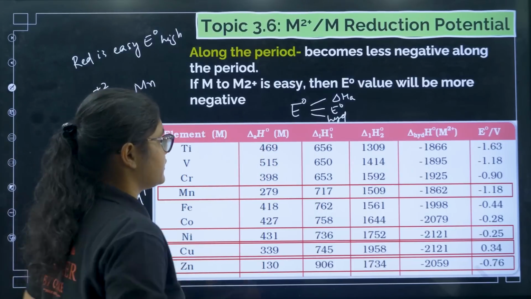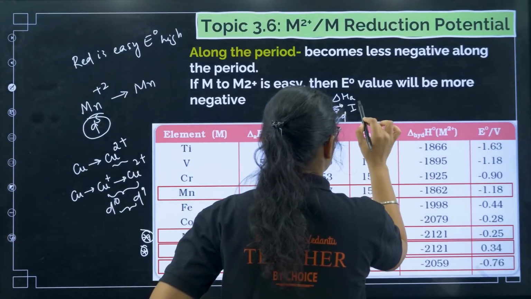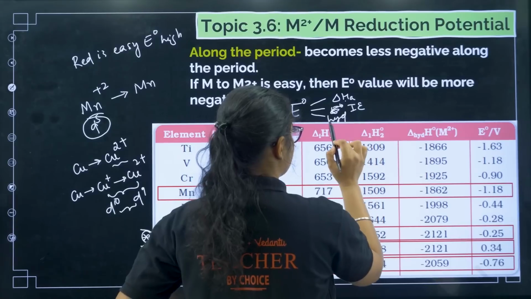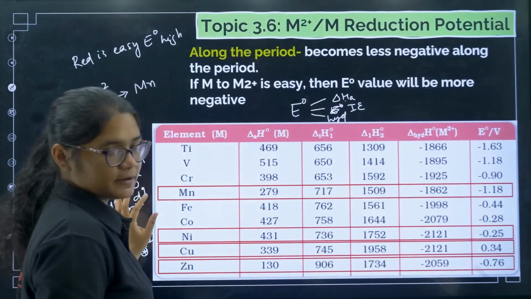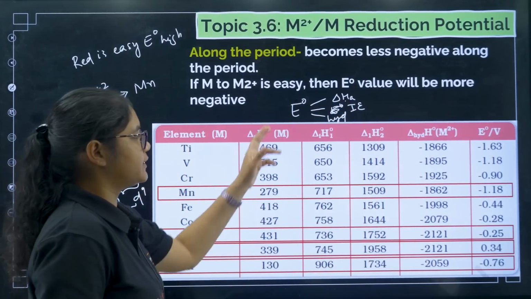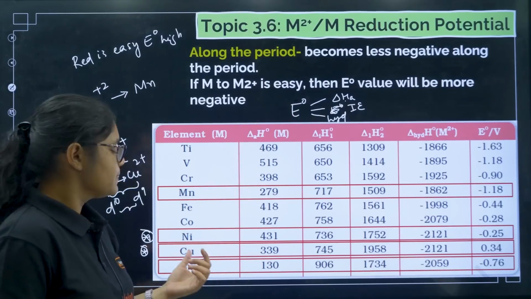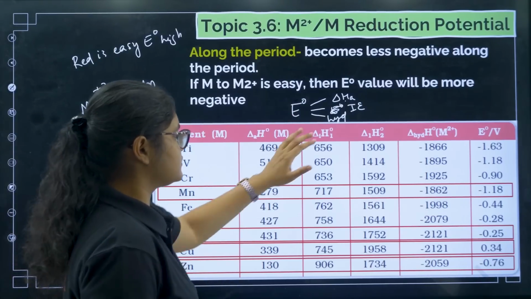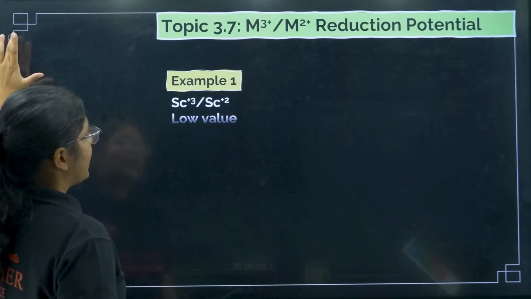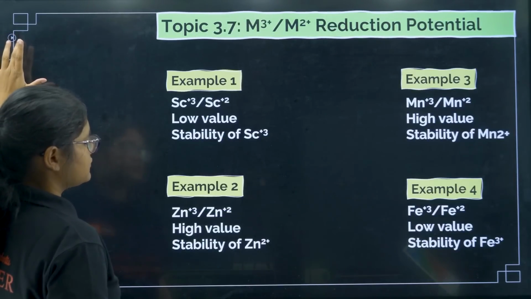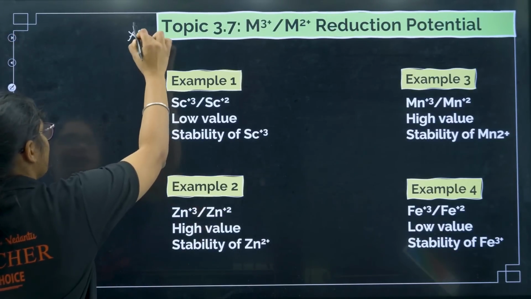Sorry, not E naught value, I'm wrong, ionization enthalpy. Yes, atomization, ionization and hydration. So the ionization value is very high for copper plus to copper 2 plus, and that is why you get a positive E naught value. For nickel, we are getting it because of the hydration enthalpy. Clear?